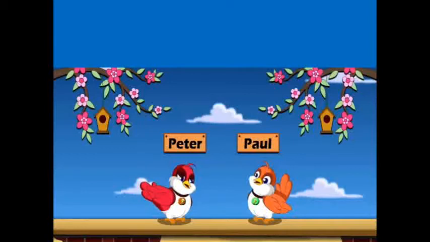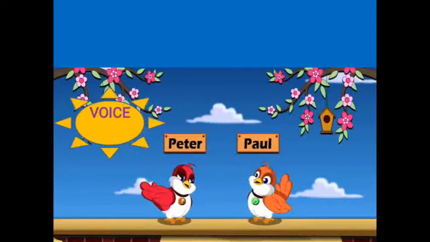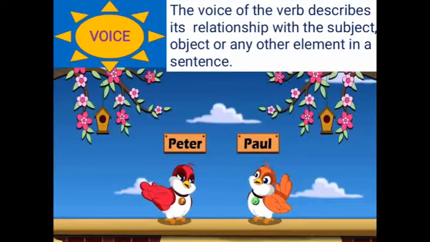So Peter and Paul have come all the way to talk about this chapter, that is active and passive voice. So Peter first tells us about voice. What is voice? The voice of the verb describes its relationship with the subject, object or any other element in a sentence.